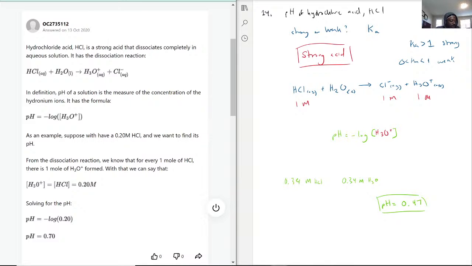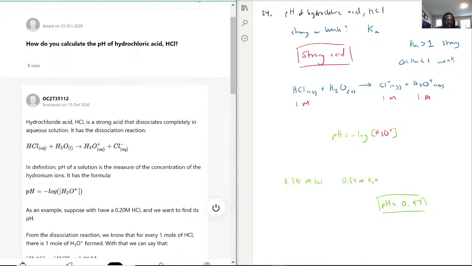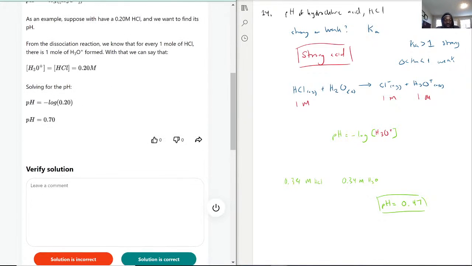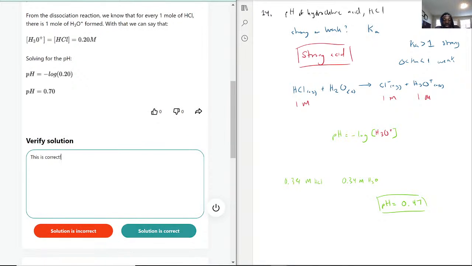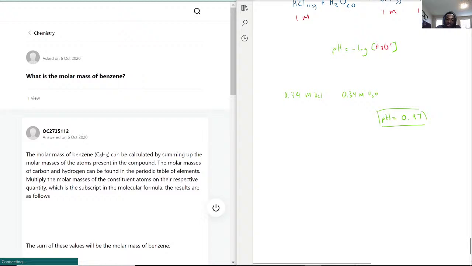If I plug in 0.20, I get 0.698, which rounds to 0.70. That is the way you calculate the pH of a strong acid like hydrochloric acid. If the question was asking how to calculate the pH of a weak acid, that is a whole different process with many more steps.